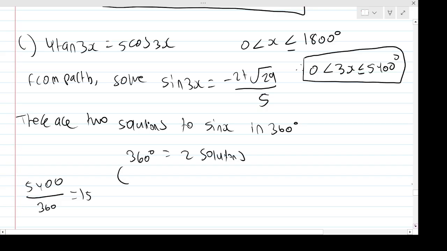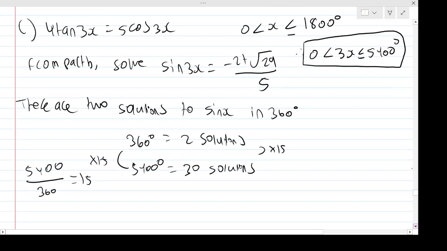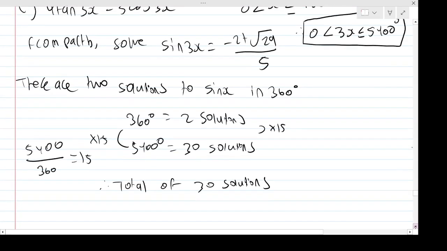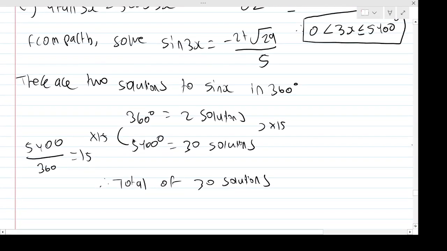So if you times by 15 on both sides, that means 5,400 degrees is 30 solutions. And there we are. Therefore, a total of 30 solutions to that equation. Okay, cool.